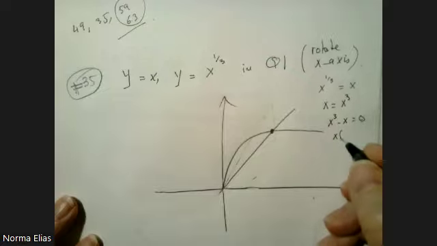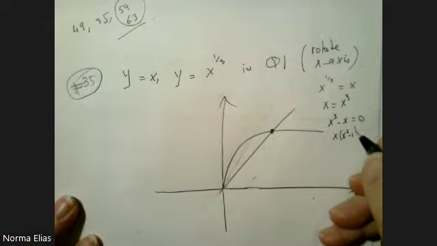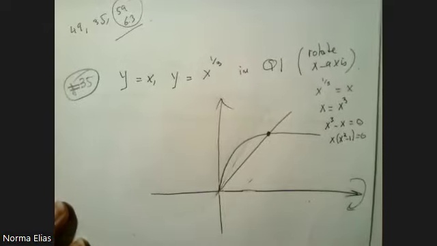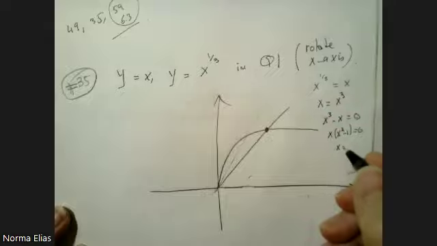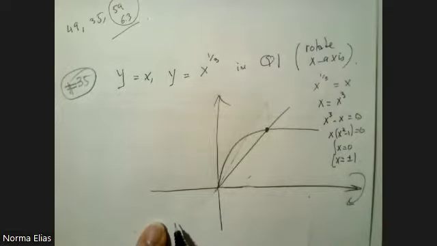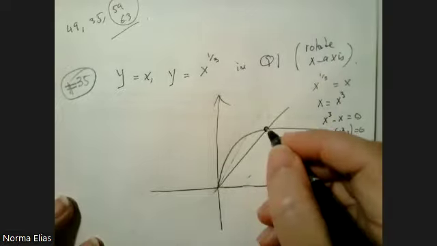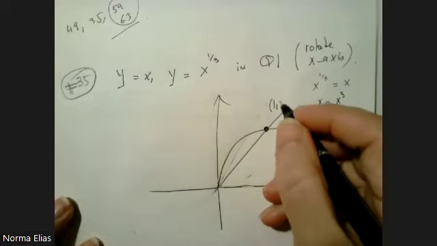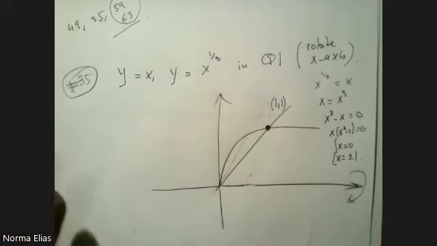We factor, equal to 0. And then this will give me x equal to 0. And x is plus or minus 1. The plus 1 is the one in this quadrant, and that's really what we want. As I said, we knew that, but just in case it's not very clear.